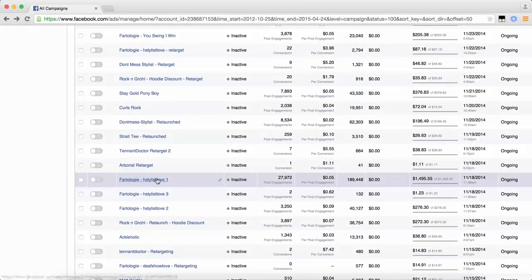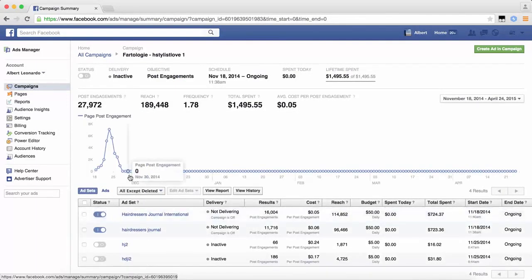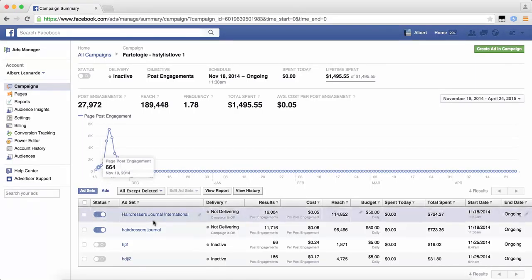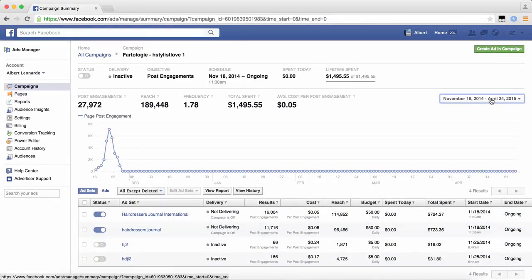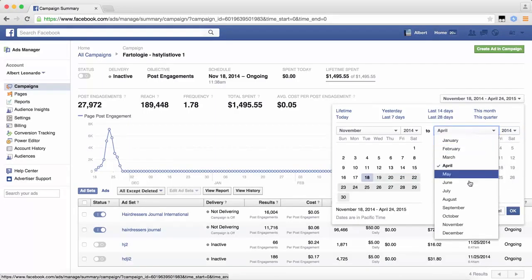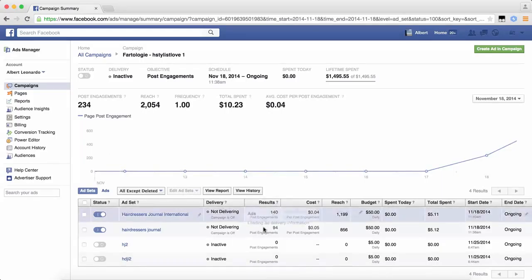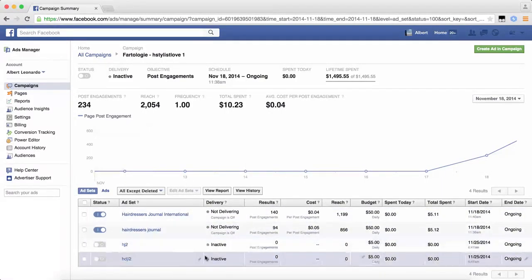Alright, let me show you one of my campaigns as an example. So I ran this campaign back in November 2014. I started it with 4 interests. Let's look at November 18, the first day. Okay, so this is the data after the first day running the ads.